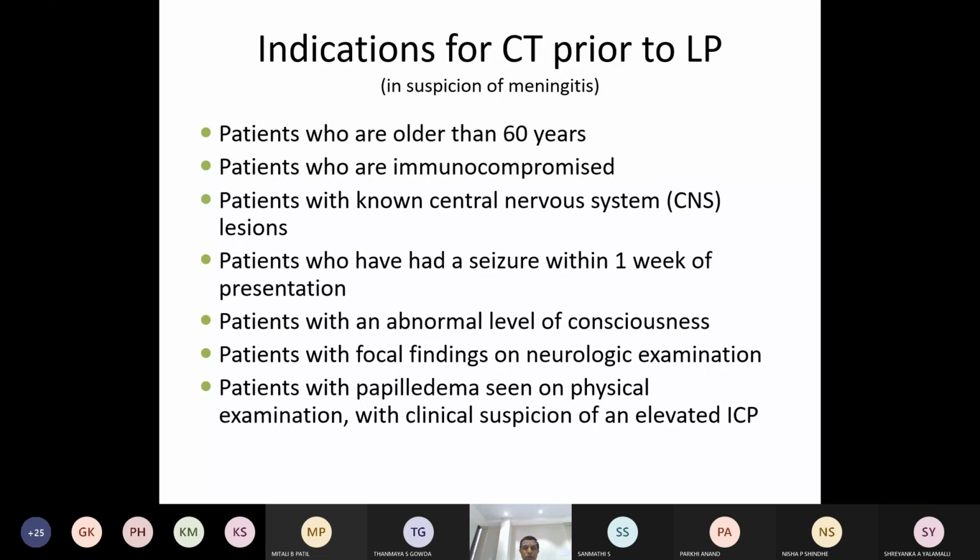Indications for CT prior to lumbar puncture: in suspicious cases of meningitis, where the patient comes with an unconscious state or stiffness in the neck.